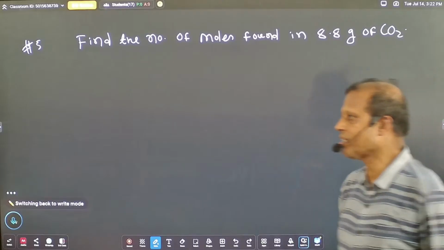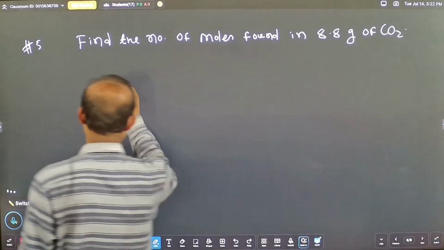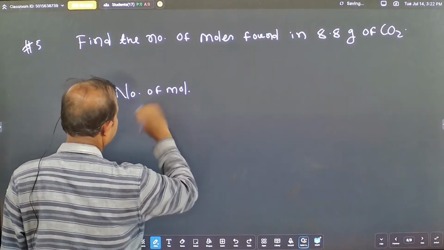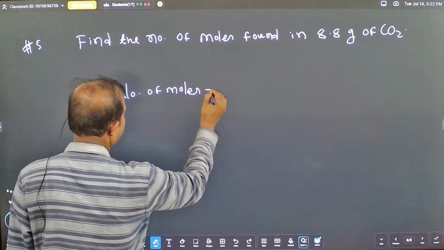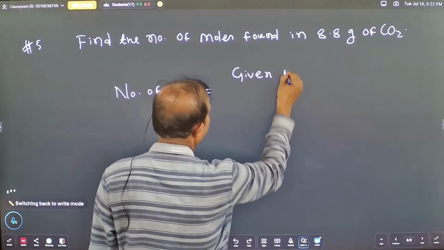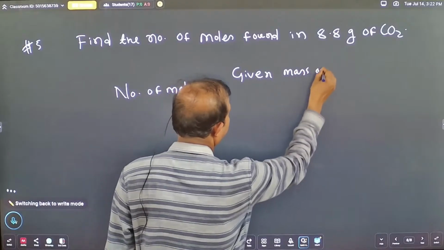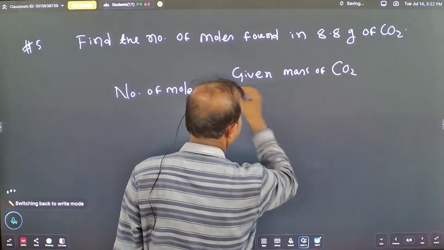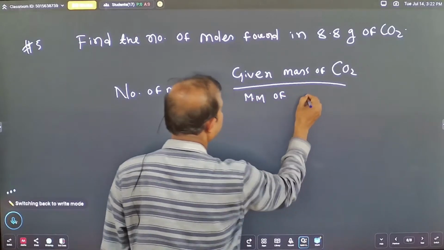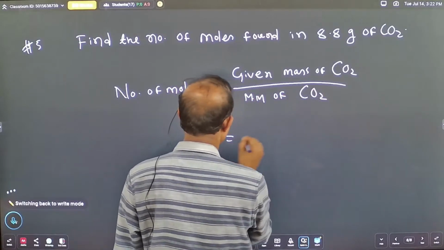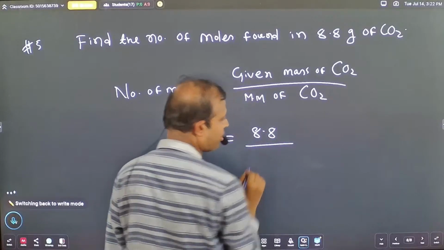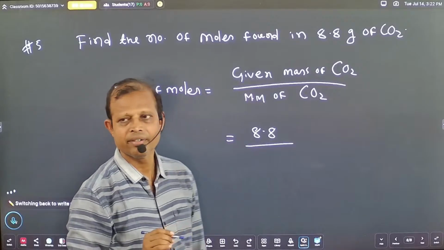So, what is the given mass? Number of moles is equal to given mass of carbon dioxide divided by molecular mass of carbon dioxide. 8.8 upon what is the molecular mass of carbon dioxide? 44.